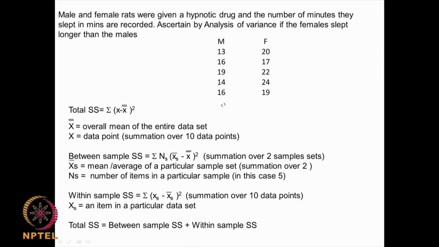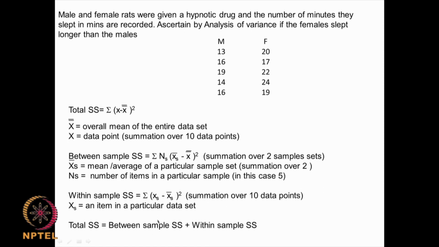Because as I said, when we calculate F, we do between sample divided by within sample. We will do between sample variance divided by within sample variance. If I calculate the sum of squares and divide by degrees of freedom, that will give you the variance. If I calculate the sum of squares within sample divided by its degrees of freedom, I will get the variance. So, the total sum of squares will be the sum of these two.